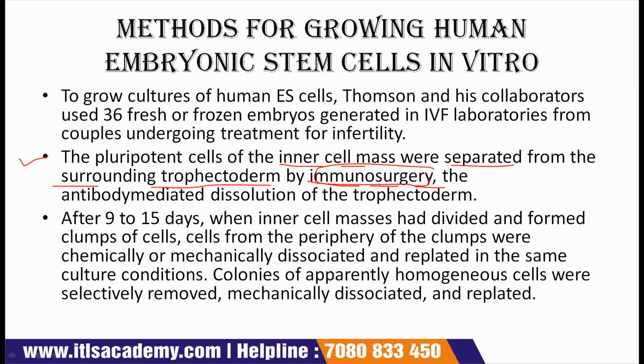If we talk about the blastocyst, this is our blastocyst, and these cells are known as the inner cell mass. So the technique used for the separation of this cell mass from the trophoectoderm, which is the outer covering, is known as immunosurgery.